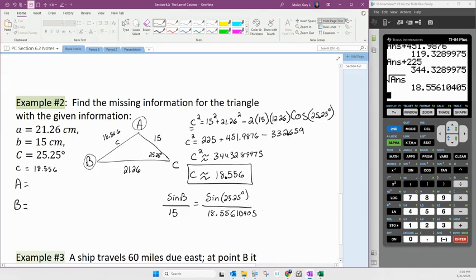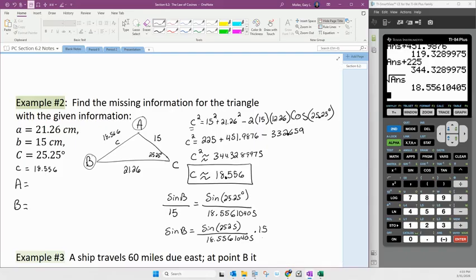Okay, so then that means the sine of B is going to equal the sine of 25.25 over 18.556, 10405 times 15.